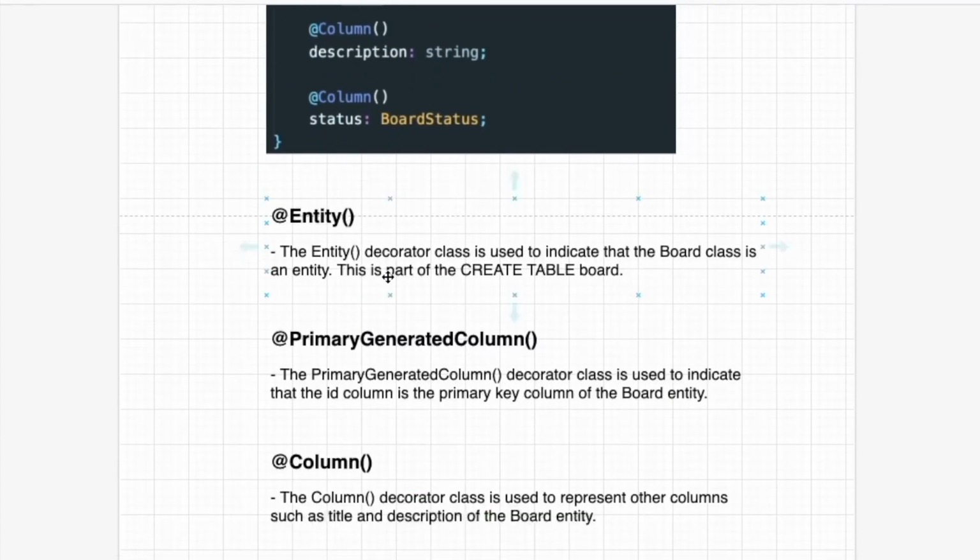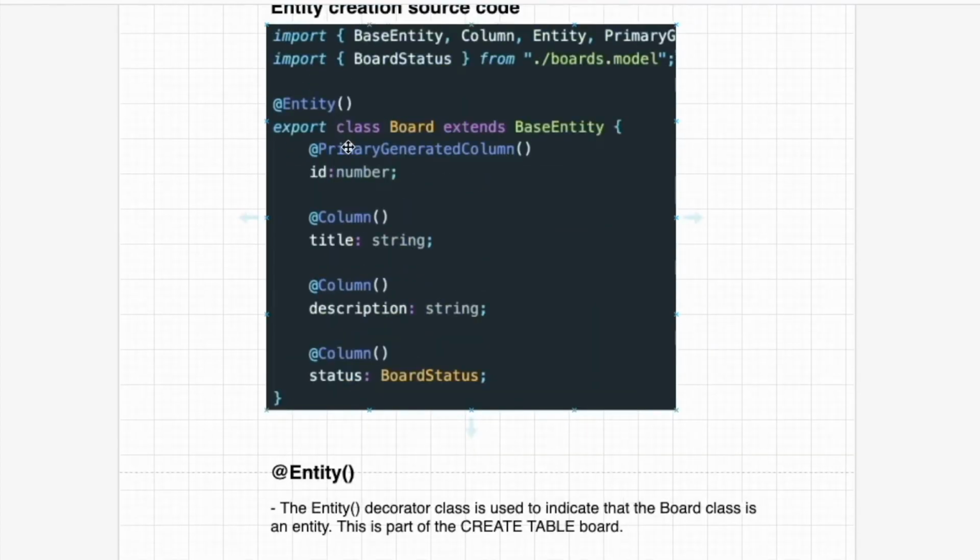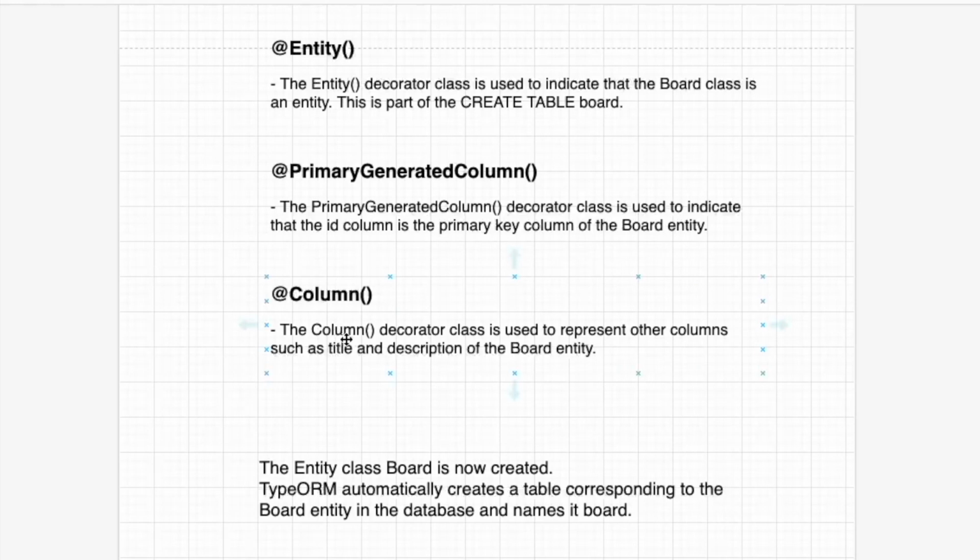And we can also see primary generated columns. The primary generated column decorator class is used to indicate the ID column is the primary key column of the board entity, this one. And the column decorator class is used to represent other columns such as the title, description of the board entity.